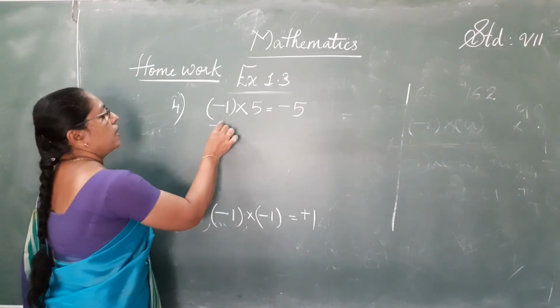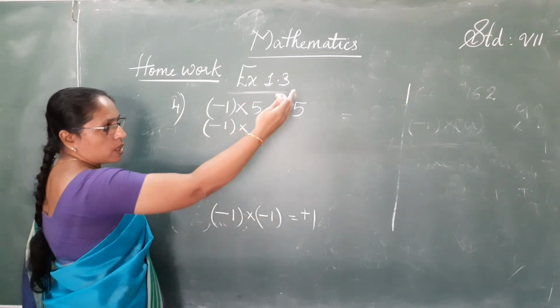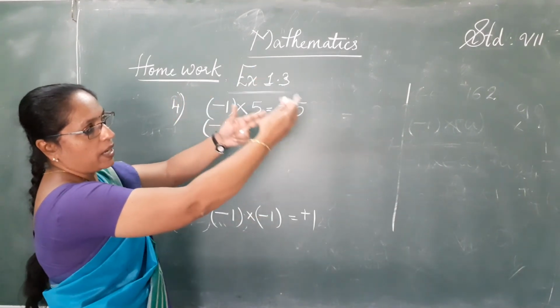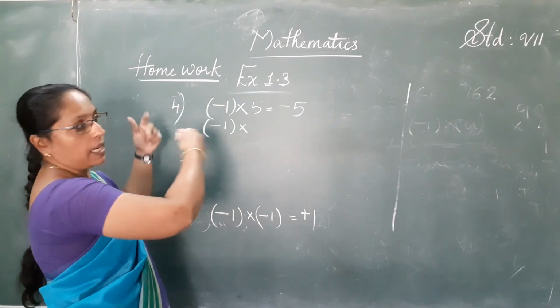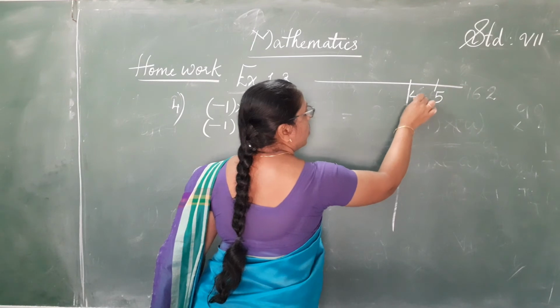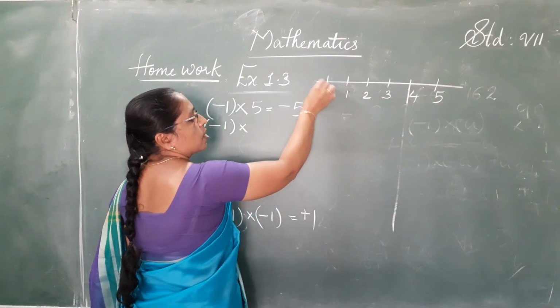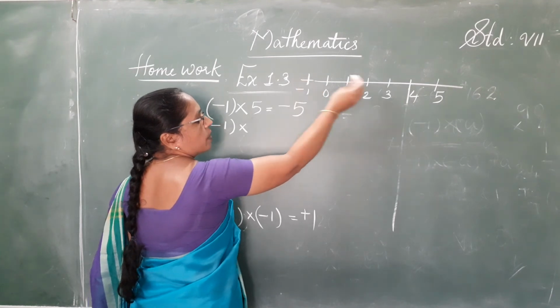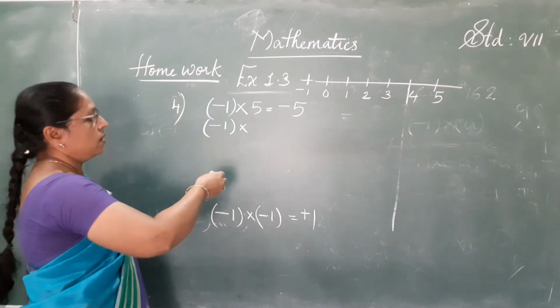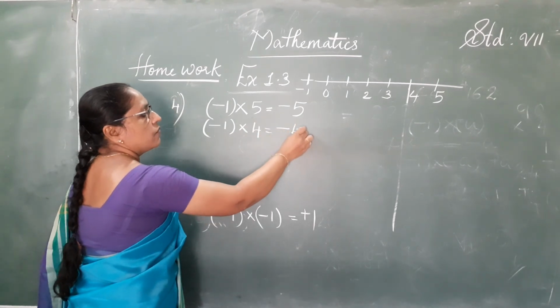Next one, negative 1 into 5. Negative 1 means it's going to the left from 5, then 4, on the number line. Look at the number line. We are starting from 5, then 4, then 3, then 2, then 1, 0, negative 1. So we are moving to the left. Negative 1 into 4 is negative 4.